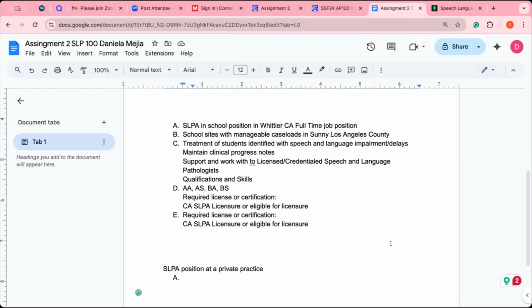Let's see if I can find an example of an SLPA position job posting in private practice, California, just so we can see some examples.